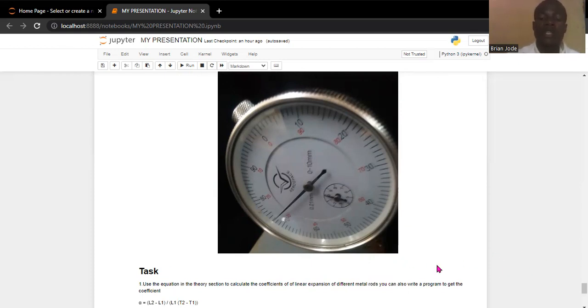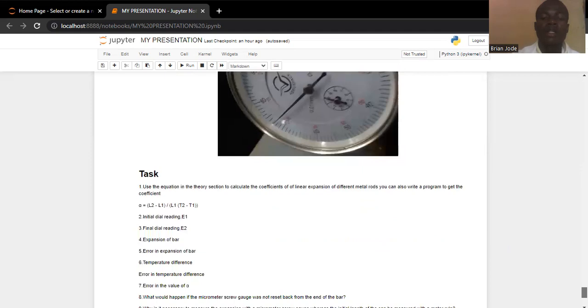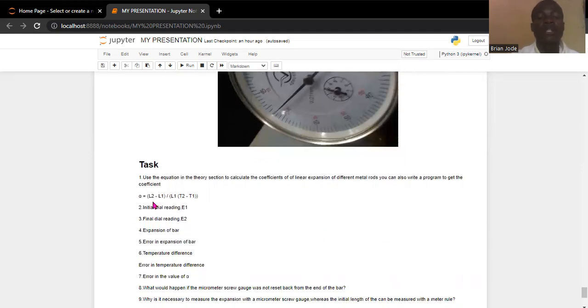Some of the tasks that students are required to answer are as follows. The student is expected to use the equations in the theory section to calculate the coefficients of linear expansion of different metal rods. And also, as we have said, the student can write a program using Python to generate the coefficients of linear expansion of these metal rods.